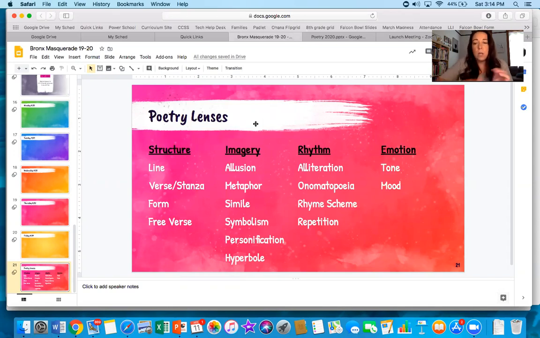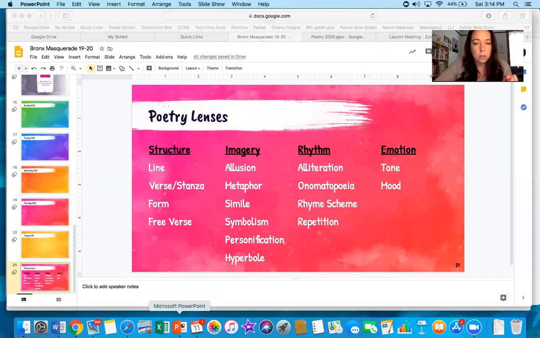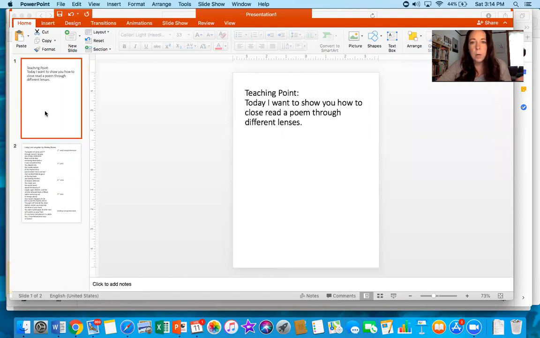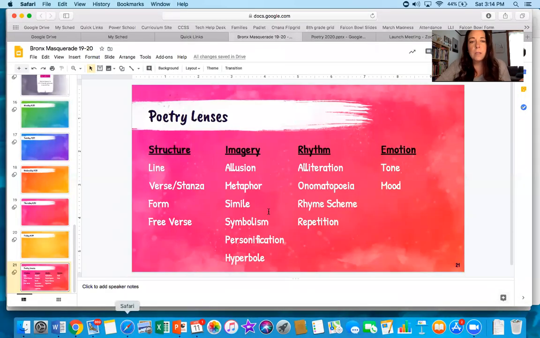Today we are going to go over this poem, Long Live Langston, which you read earlier this week or yesterday from Bronx Masquerade. The purpose today is to show you how to close read a poem through a few different lenses. We're going to have one read just to orient ourselves to the text.